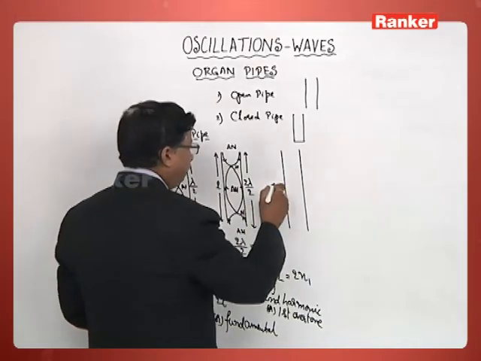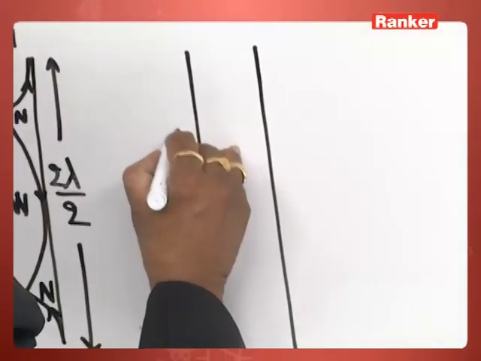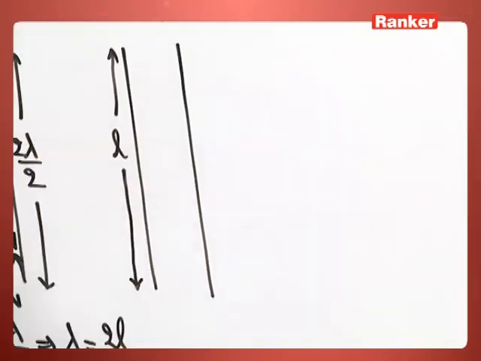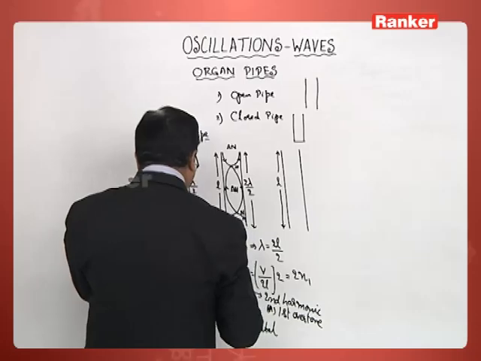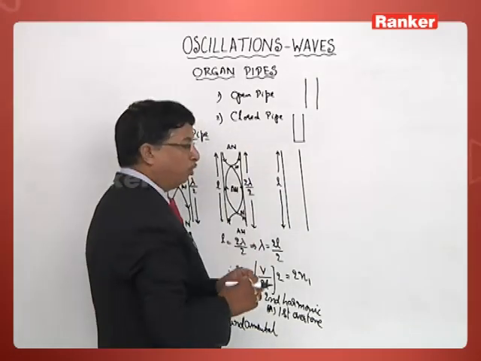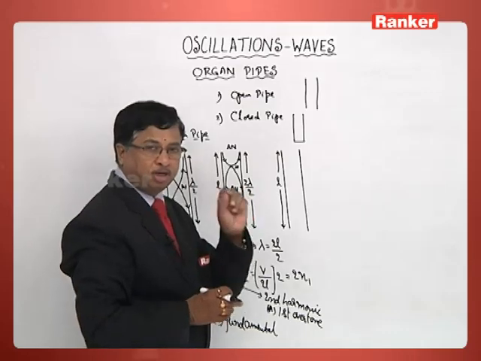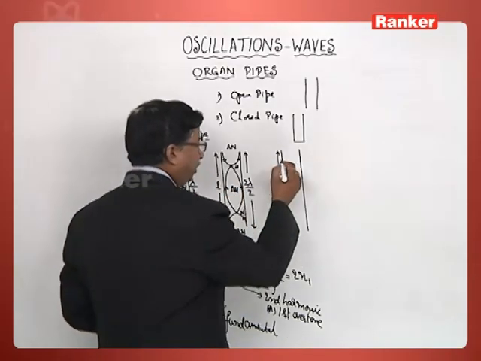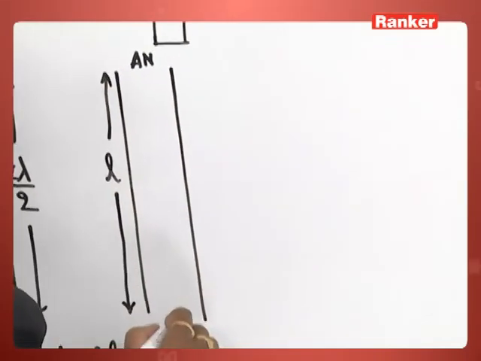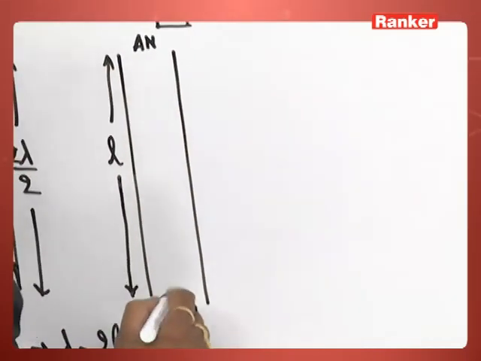Let us consider the same tube once again and let us take the higher harmonic than this. This is actually the second harmonic what we are having. Now let us consider the third harmonic in the same open pipe. Then what would be the structure? Once again an antinode is formed there, another antinode is formed here.